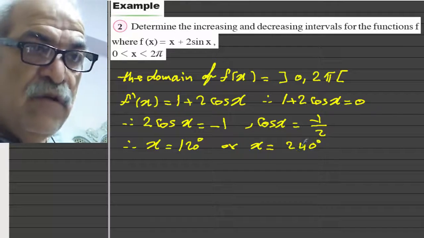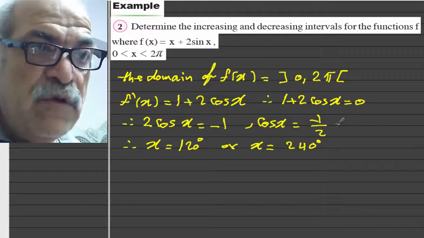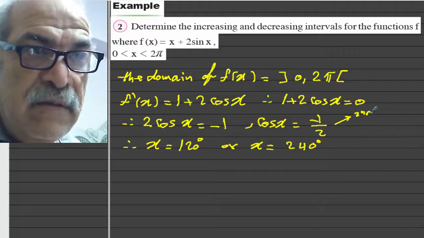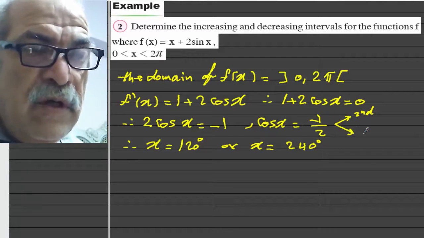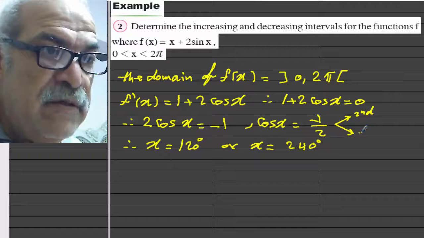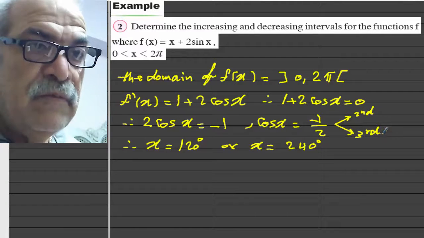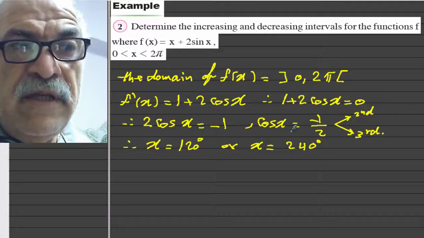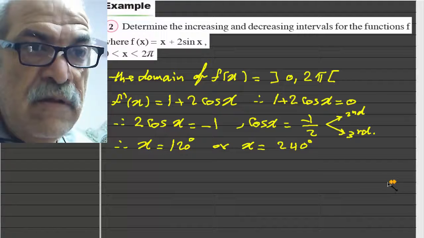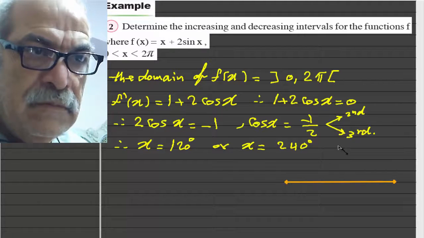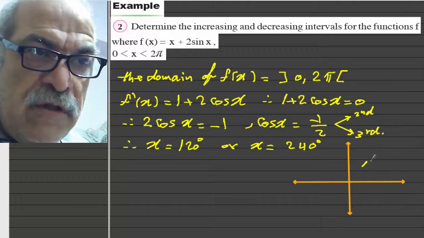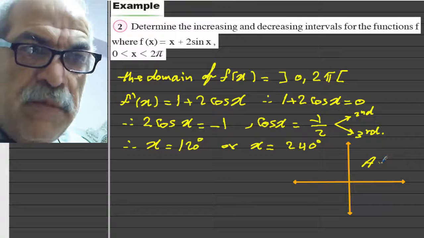degrees. Note that cosine x equals negative half, so x lies in the second quadrant or x lies in the third quadrant, because cosine is negative, and you must consider this. All the trigonometric functions in the first quadrant are positive.